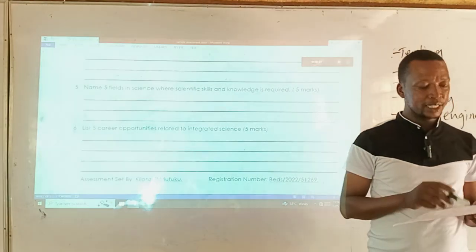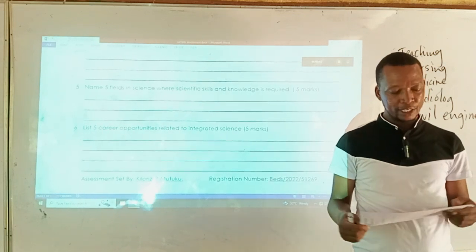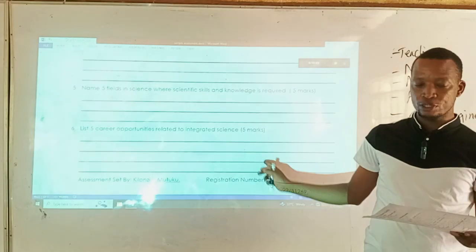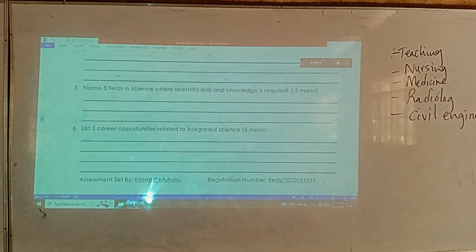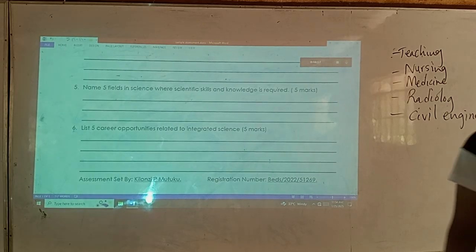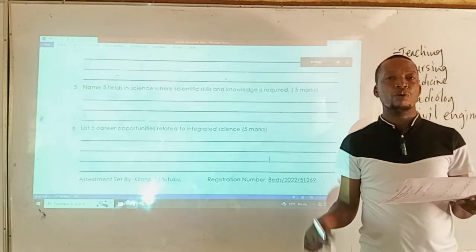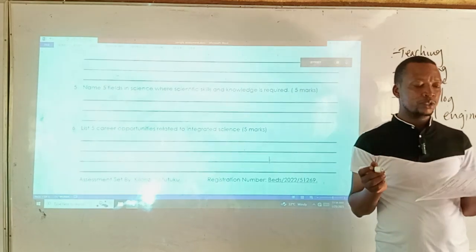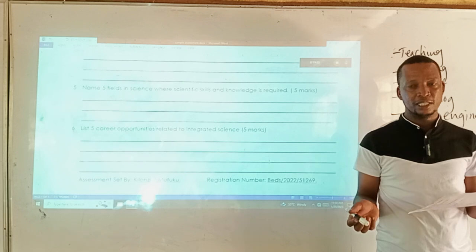A learner who exceeds expectation is a learner who scores between 20 and 16 marks in a given classroom assessment. So if you score 20, 19, 18, 17, 16, you are in exceeding expectation. Then meeting expectation, a learner who scores between 15 and 11 marks.